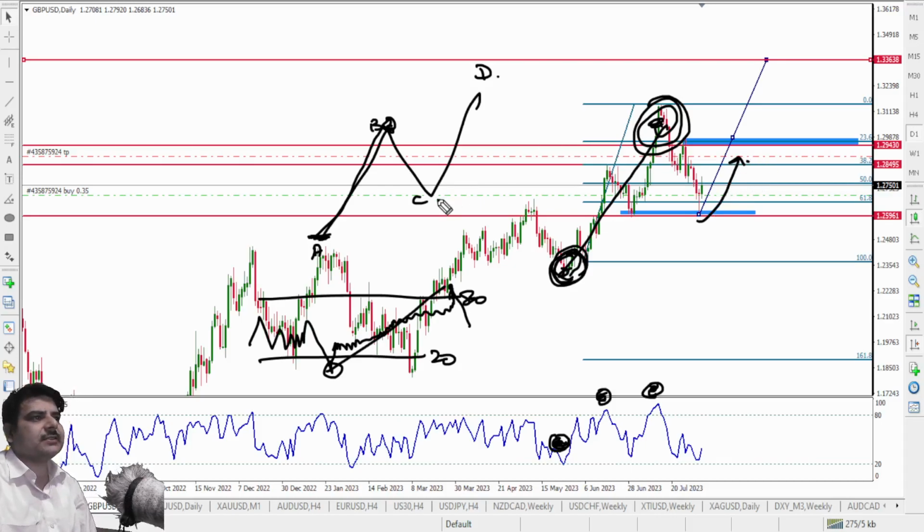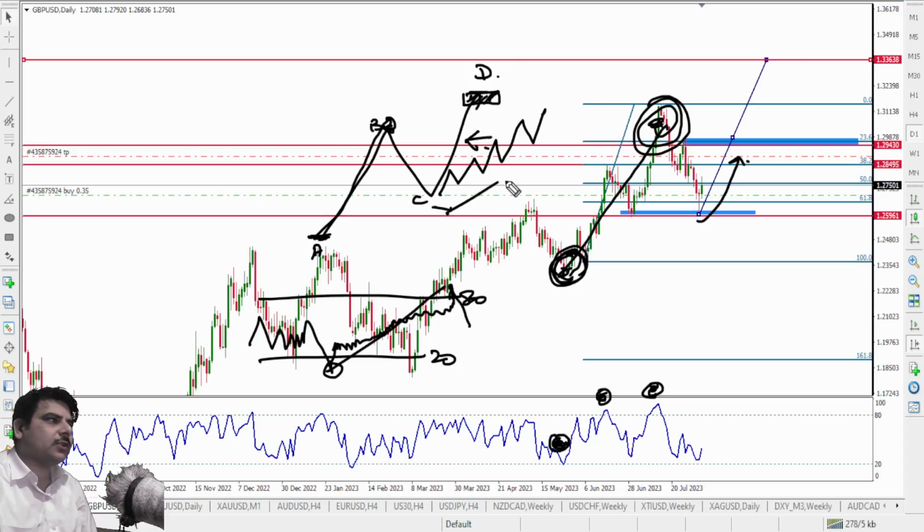Another concept I already mentioned in my strategy is that when I target the C to D leg of the move, what I usually do is take my trades in bits and pieces. Some of the trades I take long term, depending on the account I'm managing at that moment.